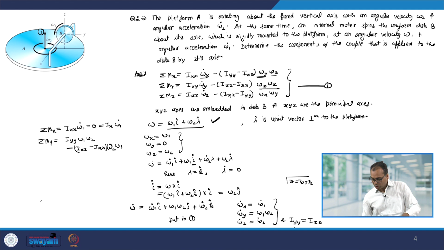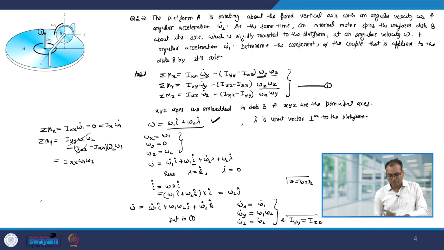Because Iyy and Izz are equal, these terms cancel and we have Ixx omega 1 omega 2. Now, let us look at the moment about the z axis.